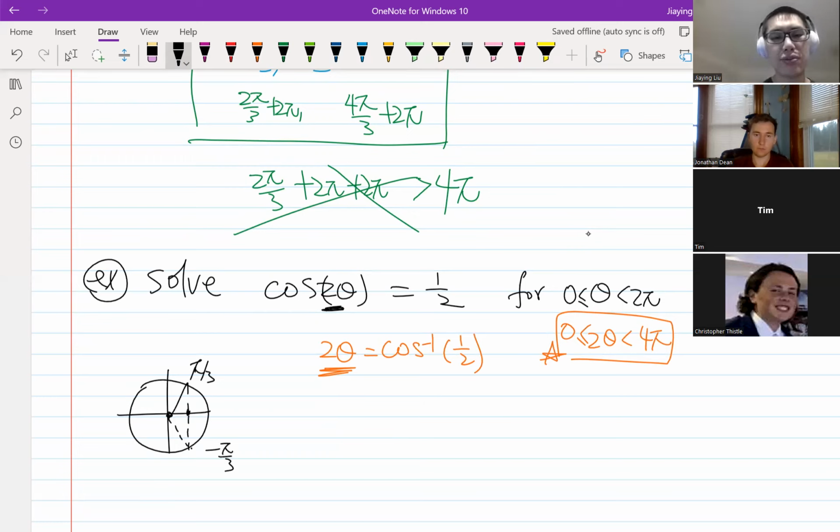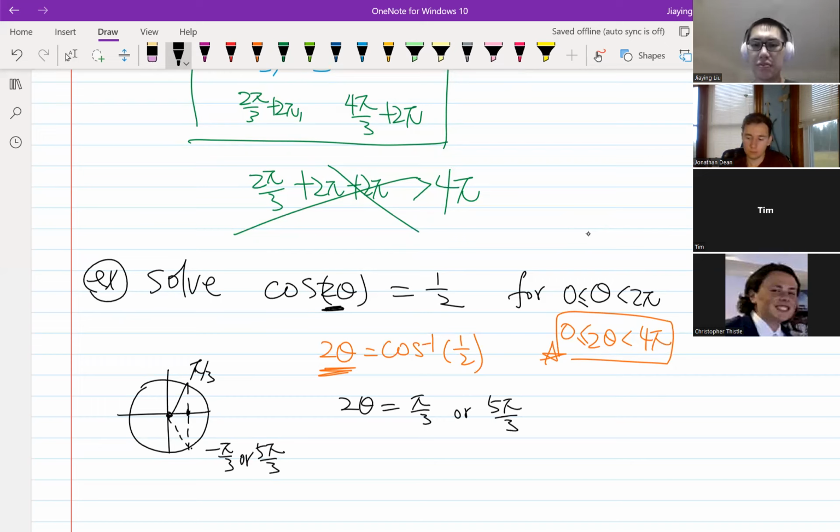So when we add the 2 pi, it becomes 5 pi over 3 coterminal. So we're going to take the angle 2 theta is equal to pi over 3 or 5 pi over 3.